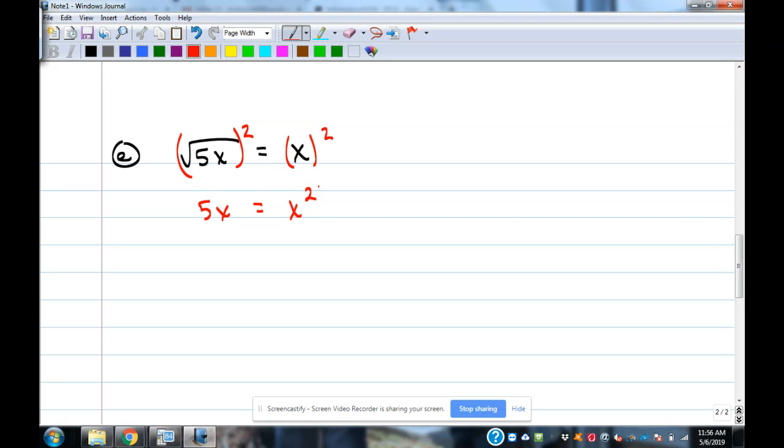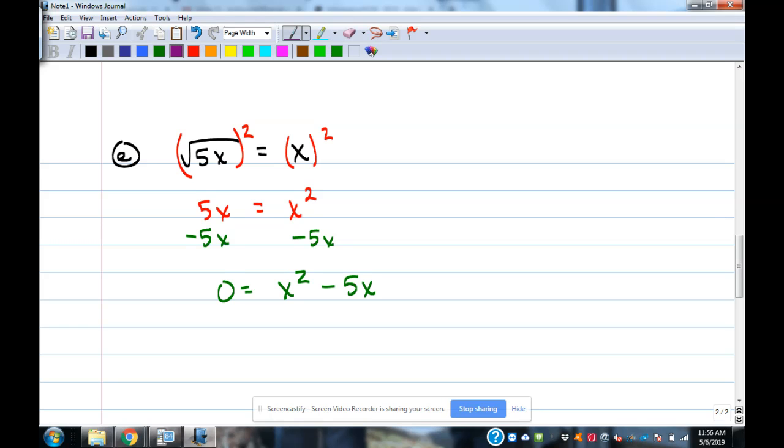Okay, so here's where it gets a little tougher. In order to solve this, we have to get it equal to what? 0, because it's got an x squared in it. That opens up the possibilities of factoring or quadratic formula. That stuff's still part of the game. So if we subtract 5x, that's going to give us 0 is equal to x squared minus 5x.